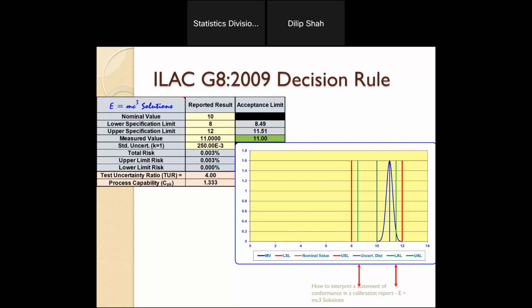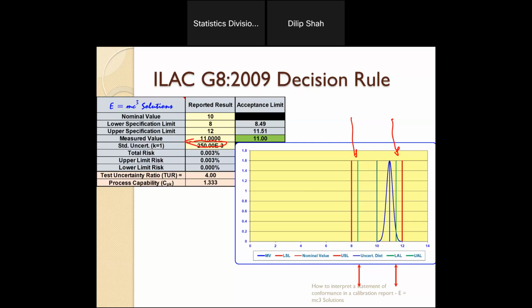Okay, so now we're going to use this ILAC G8 2009 version decision rule, and basically it says you will take out half of the 95% confidence measurement uncertainty interval from both sides of the tolerance limits, and then your acceptance limits become these two acceptance limits. And now we have that same measurement with a measurement uncertainty of 0.25.